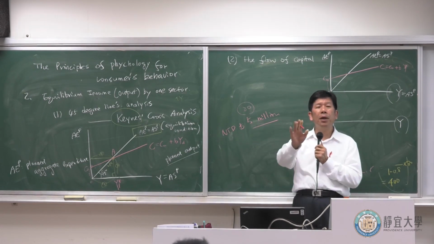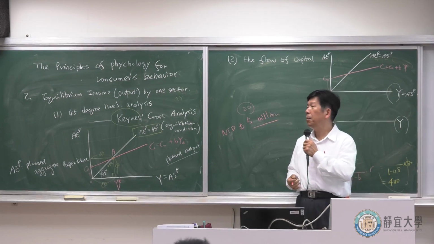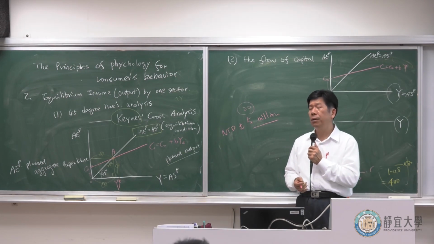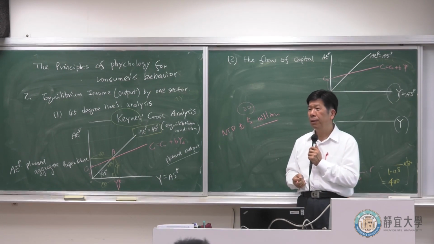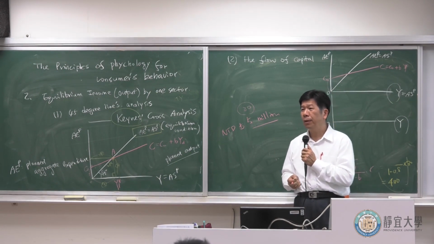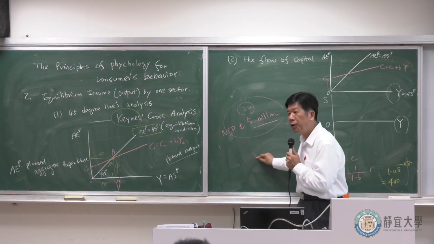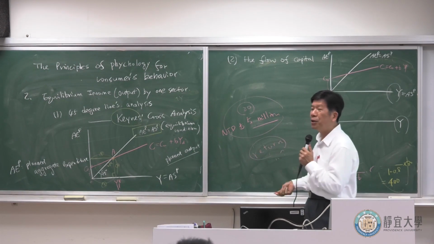So if you have a brother and a sister, actually your parents already spent 20 million on the investment for you. Can you get this point? Should you return it, or is it just free?